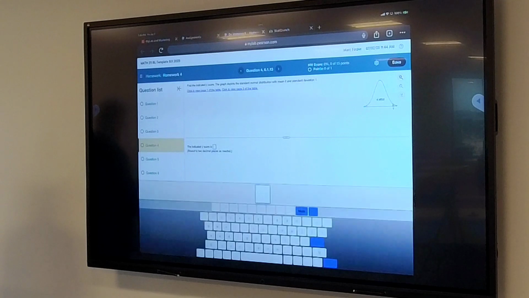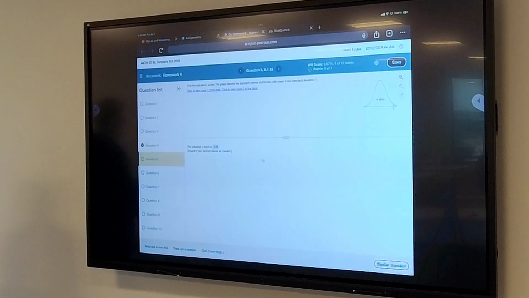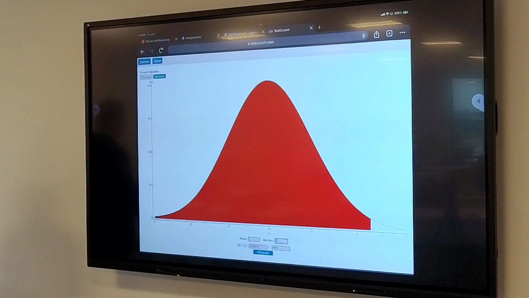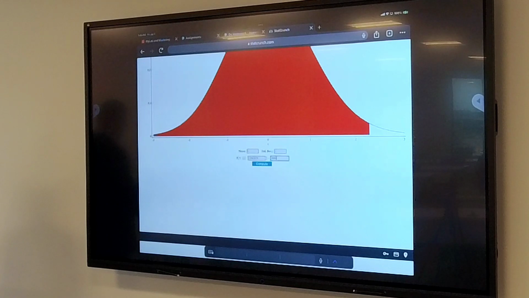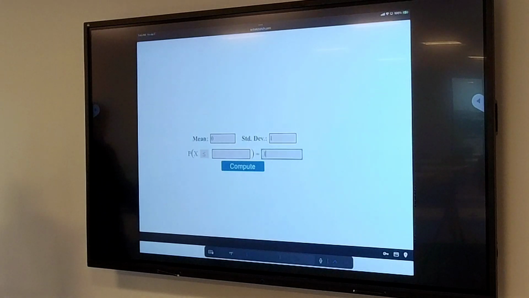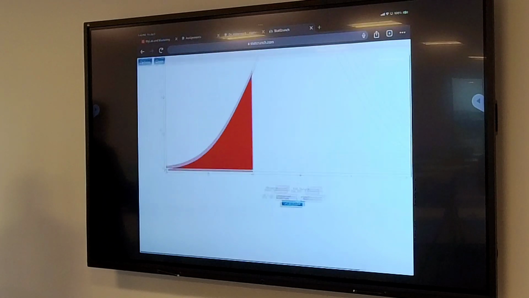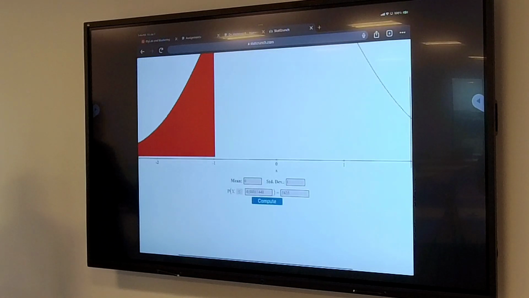Here's the one where it was giving me the funky ones. For this one, the area is 0.1635, and I have the symbol set to less than or equal to, and then I hit compute, and it's negative 0.901.